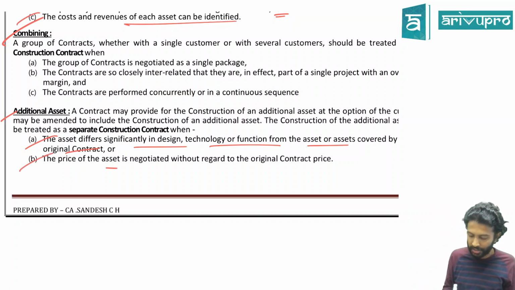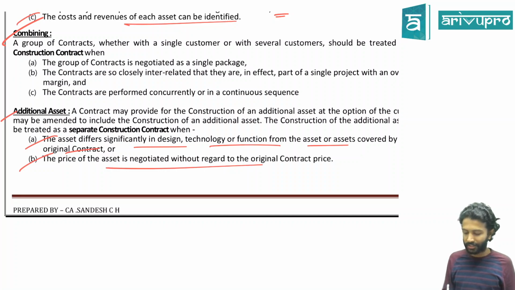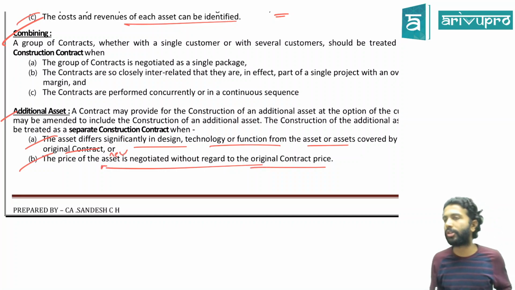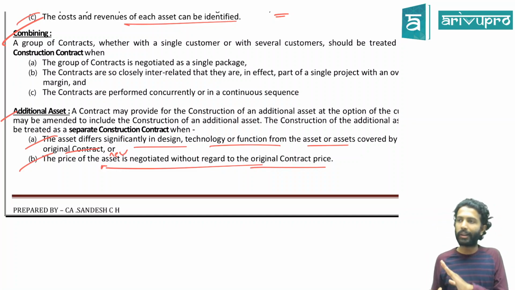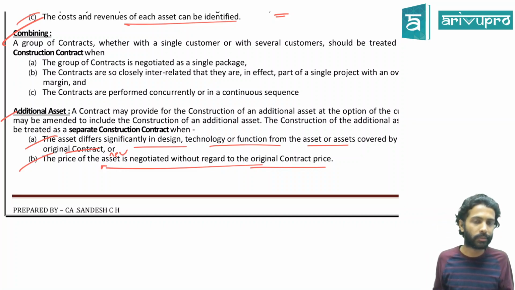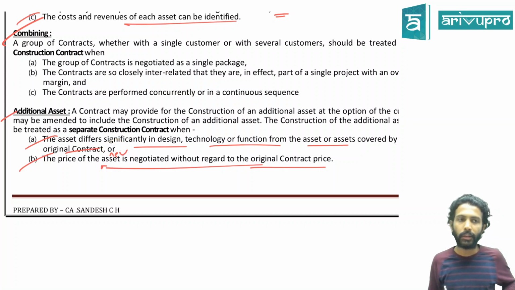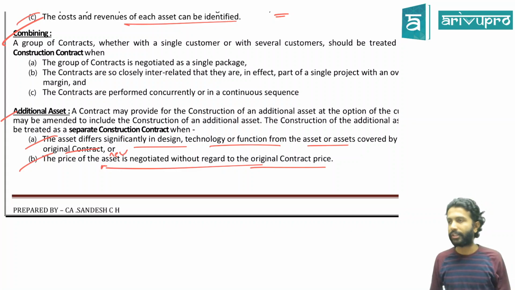And two, what about the price? The price of that new asset is negotiated without regard to the original contract price. You're not keeping the original contract as a base, you're doing this as a separate negotiation. If one of the two conditions is satisfied, it's not 'and', it is 'or'. Underline that. If either one of those conditions is satisfied, then you will treat that as a separate contract. Otherwise, it'll get merged into the old contract.